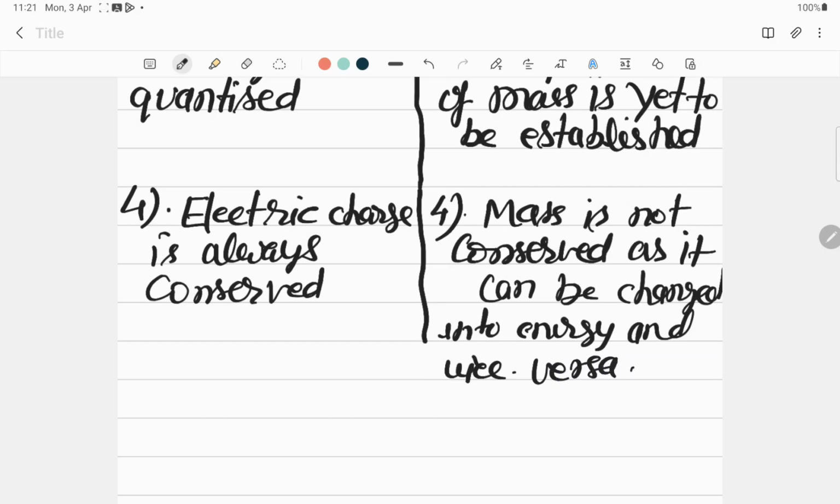Energy can be changed into mass and mass can be changed into energy. So mass is not conserved.